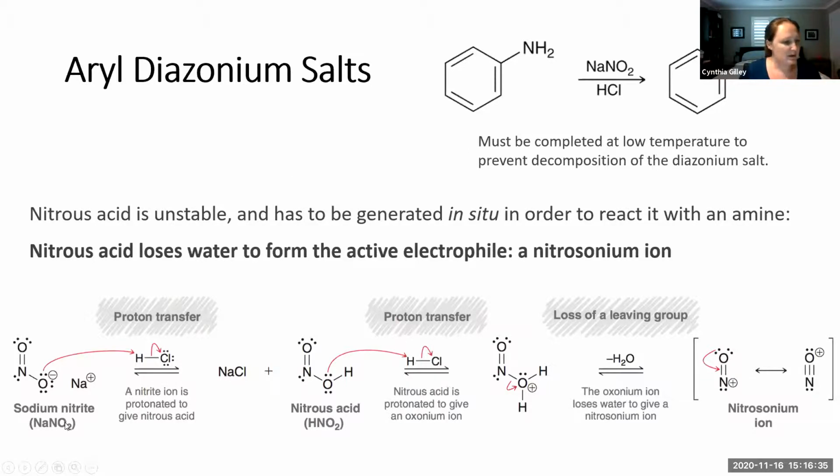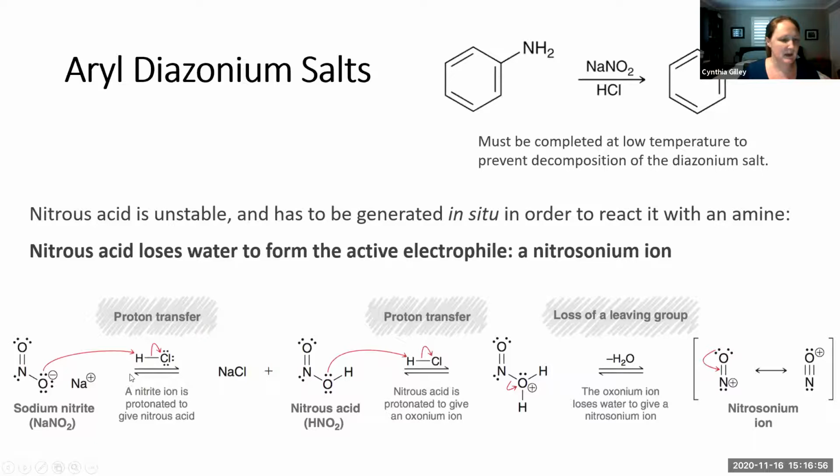So again, we're starting with sodium nitrite because we need to use nitrous acid in order to form the nitrosonium ion, but nitrous acid is unstable, and so it's better to prepare it in situ and then react it further. So sodium nitrite is a good precursor to nitrous acid.